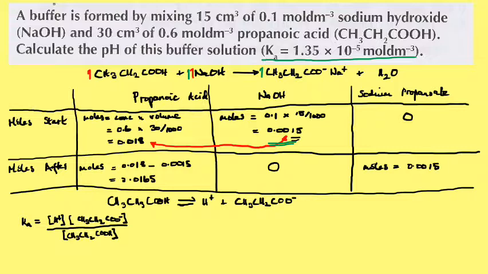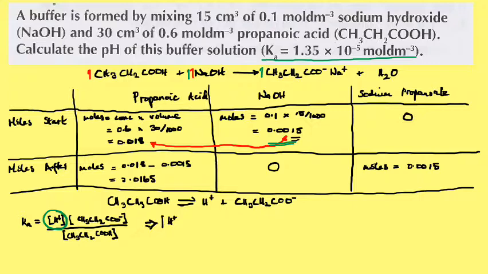Now, why have we done that? The reason is because the question is asking us for the pH, and in order to calculate the pH, we need the hydrogen ion concentration. And the hydrogen ion concentration is going to come from the acid dissociation expression. So as we did before, we can rearrange that for hydrogen ion concentration.